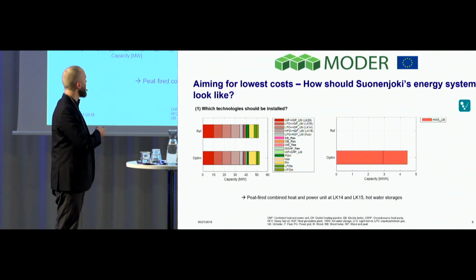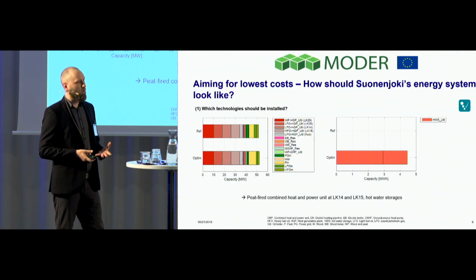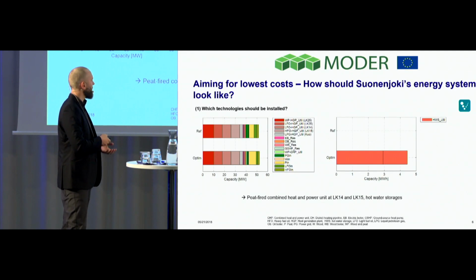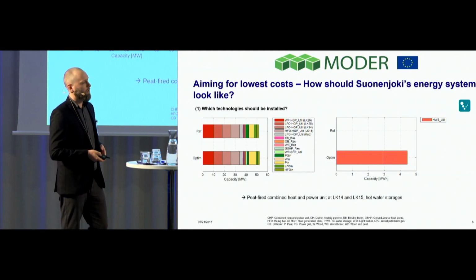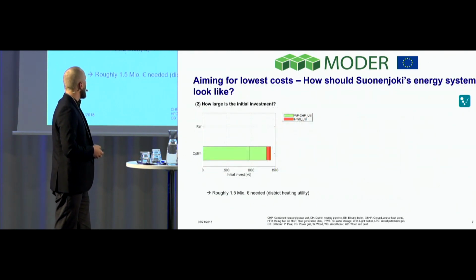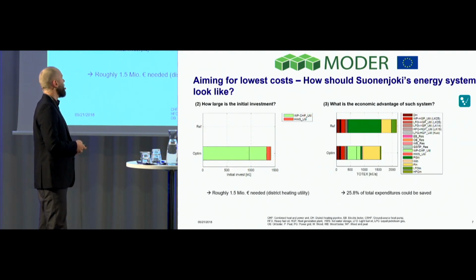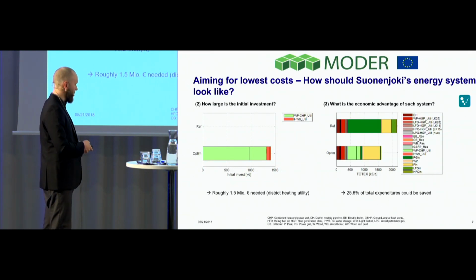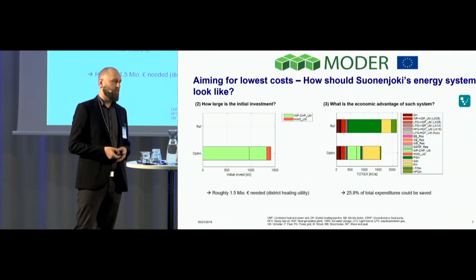What has changed here is that at the moment there is no combined heat and power, and that was installed. And then the optimization showed also that there should be hot water storages installed. And here are the costs. Based on the calculations, more than 25% of the total costs could be saved.